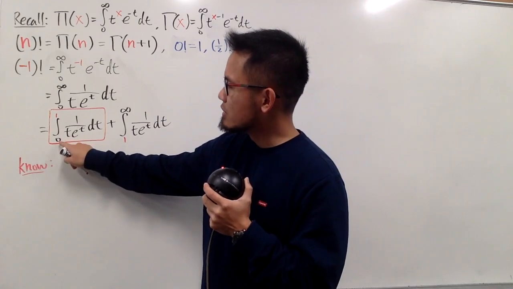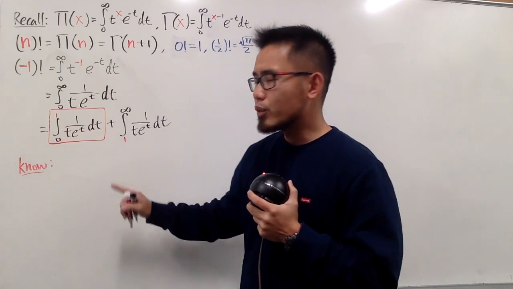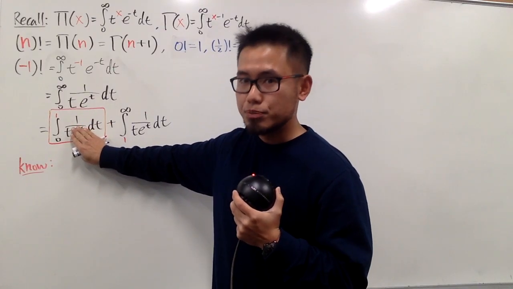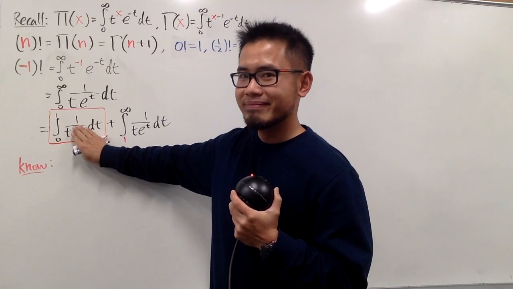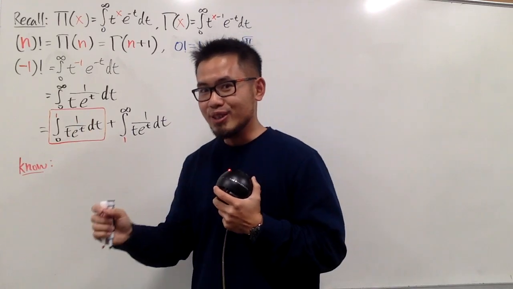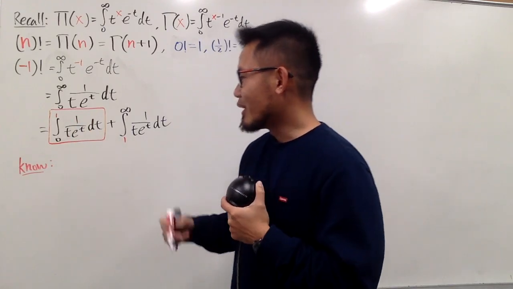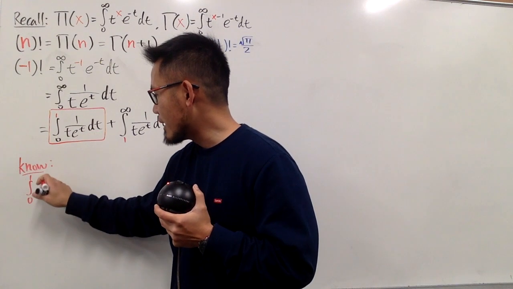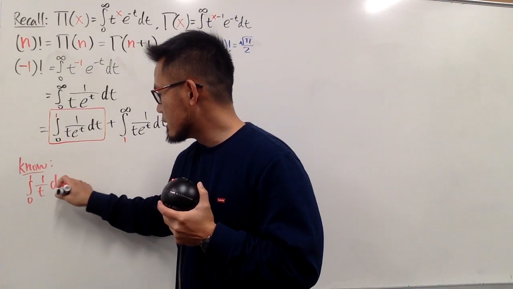When we integrate from 0 to 1, we know that if we have 1 over t like that, we can handle that much better. And in fact, that diverges, and this one also diverges, okay? So I'm just going to write this down for you guys. We know that the integral from 0 to 1 of 1 over t dt.